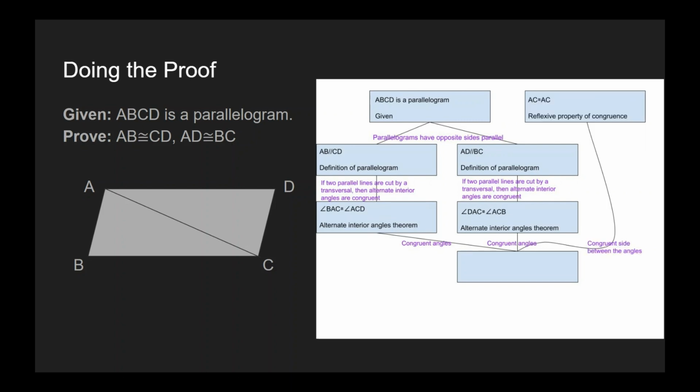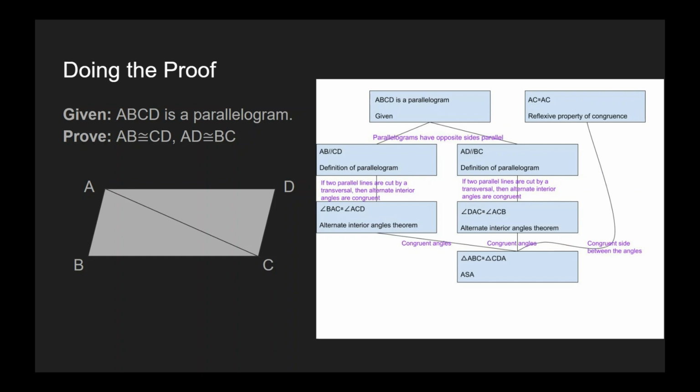We can say AC is congruent to AC by the reflexive property, because remember, the reflexive property says that things are congruent to themselves. So because that side exists in both triangles, that gives us our third piece of information, a congruent side between the angles that we're talking about. So we can say that triangle ABC is congruent to triangle CDA by angle side angle.